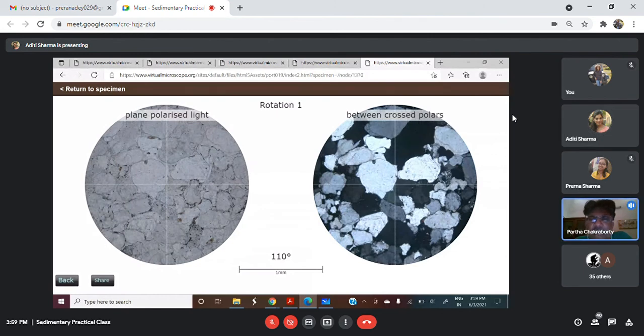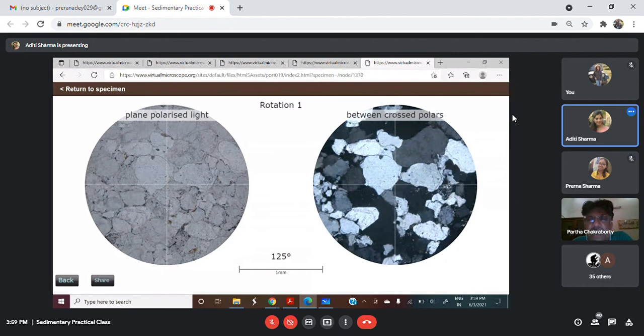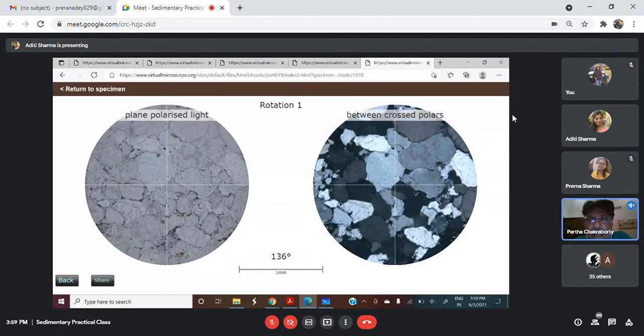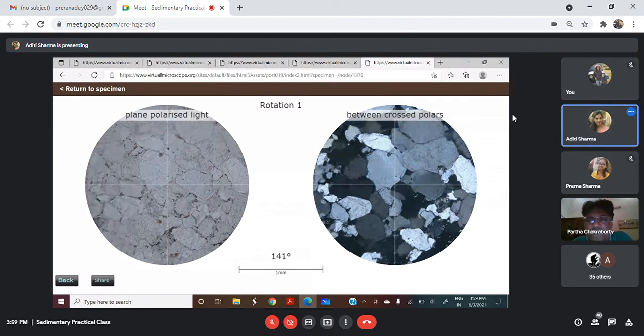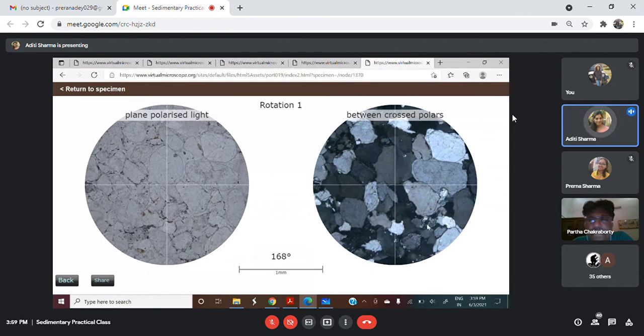So what is the sorting? Sorting is not good, that we can see. The sorting is not good, and mostly it is a monocrystalline quartz. So here also we have a rock fragment.